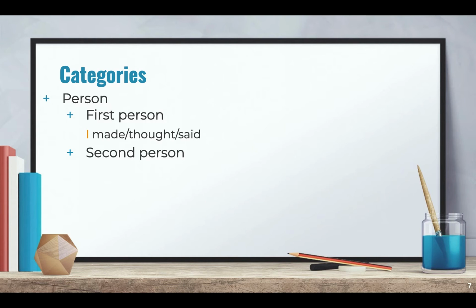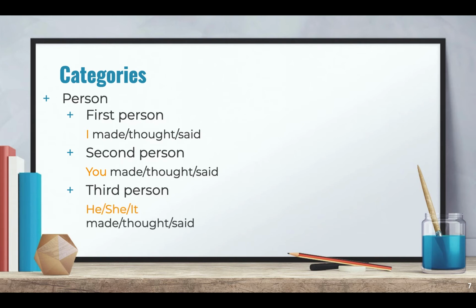Second person is when some other separate entity is being directly addressed, saying "you made," "you thought," or "you said." Third person refers to an entity separate from both the speaker and the listener. Third person would contain phrases like "it made," "she thought," or "he said."